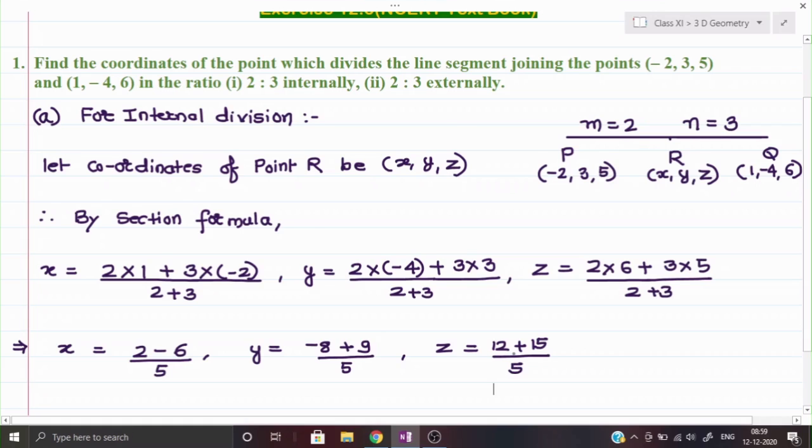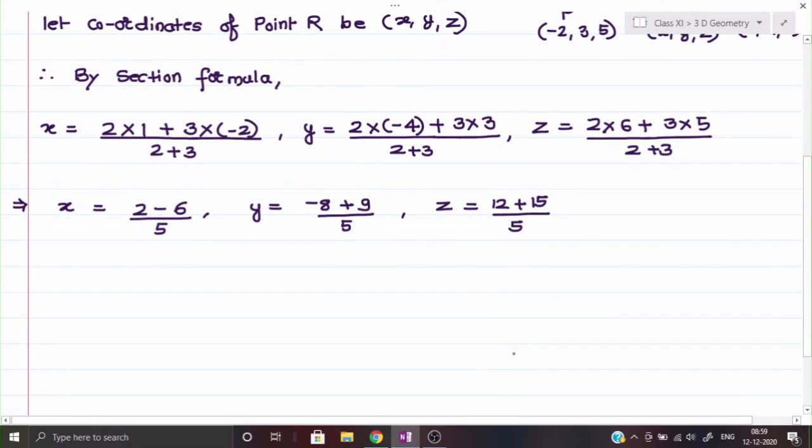So finally, what will be the value of x, y and z? We get the value of x is -4 upon 5, the value of y is 1 upon 5, and the value of z is 27 upon 5. If we have not done any calculation mistake, then this would be the answer.